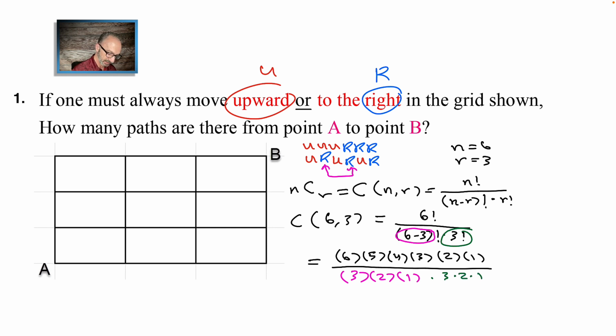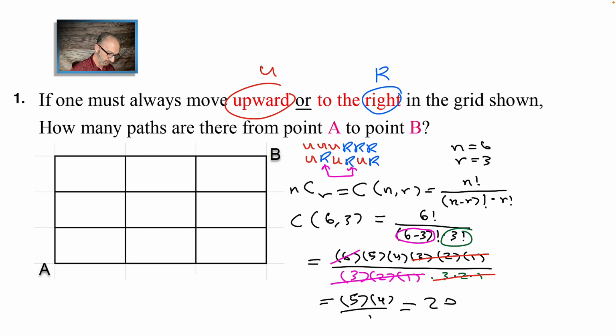This is what I meant by reducing our numbers before we reach for the calculator. I could cancel 3 times 2 times 1 with the 3 times 2 times 1 on top. I could also look at 3 times 2 times 1 down below as a 6. Cancel it with this 6. The only numbers left on top are 5 times 4, and down below it's 1. So 5 times 4 over 1 is 20.